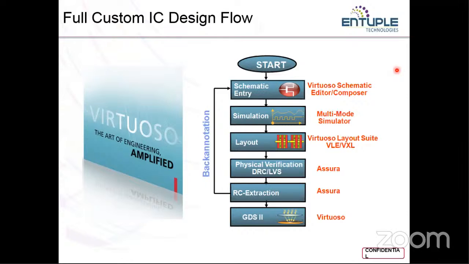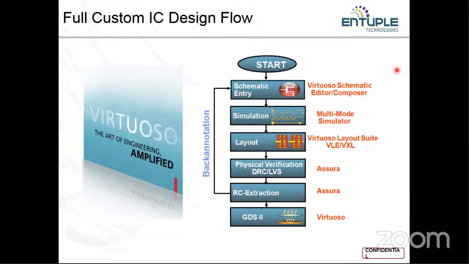We import these parasitic resistances and capacitances, these parasitic devices, on the schematic once again. This process is called back annotation, importing the parasitic resistances and capacitances from the layout back into the schematic, and to check its impact we rerun the simulation.